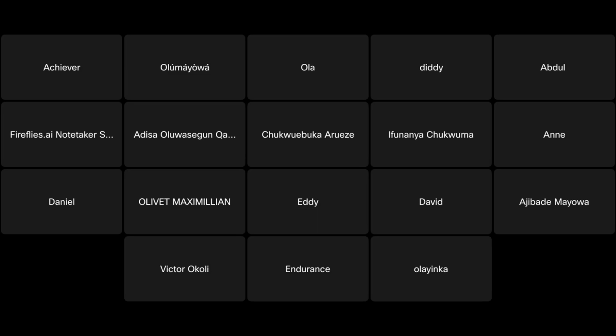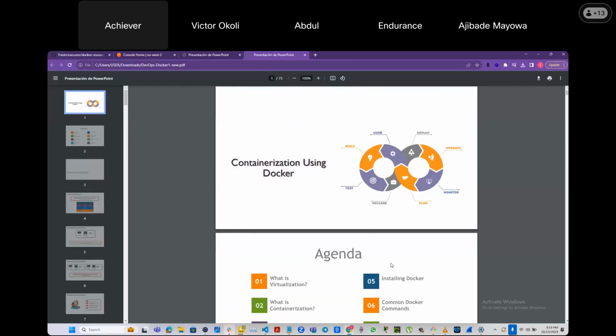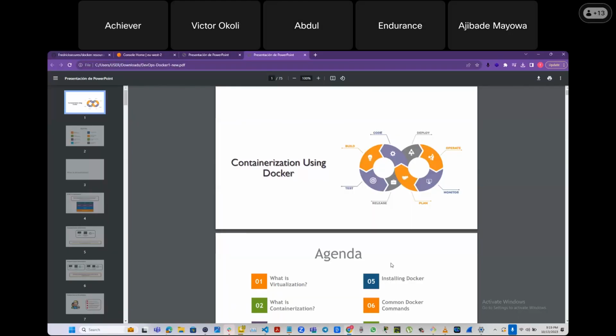Now, I will share my screen. Please confirm when you can see my screen. And once you confirm that, then I will start recording the session. Friends, can you all see it? Yes, I can see your screen.